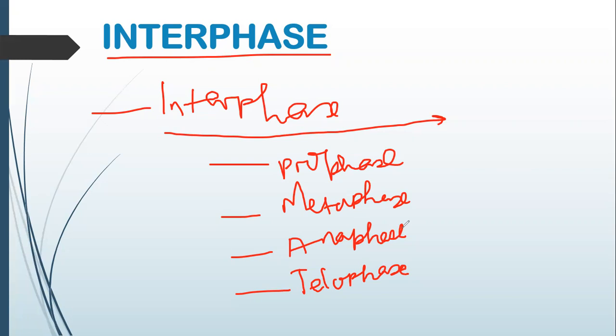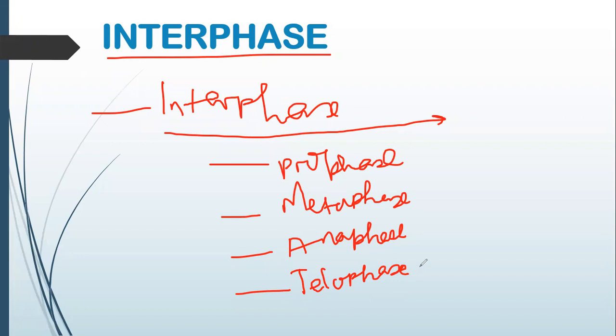If we start from the bottom, it is telophase, anaphase, metaphase, prophase, and interphase. And interphase is the same for both mitosis and meiosis. We start from the top again: interphase, prophase, metaphase, anaphase, and telophase.